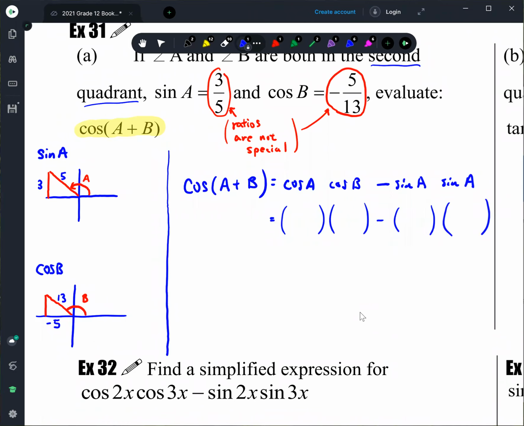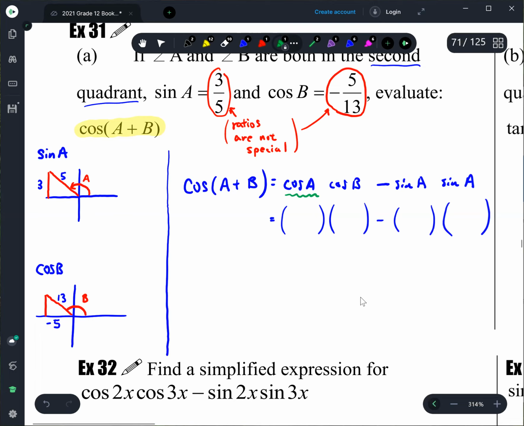So for example, cosine A. Okay, so you look at the left side, if I want to find cosine A, Waylon, which picture should I look at? Do I look at the top one or the bottom one?